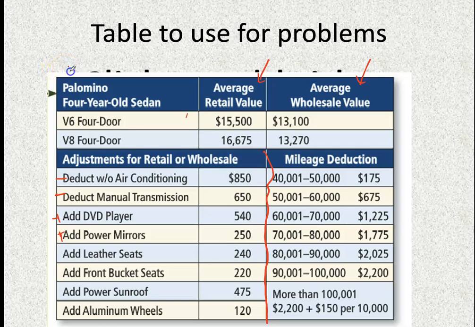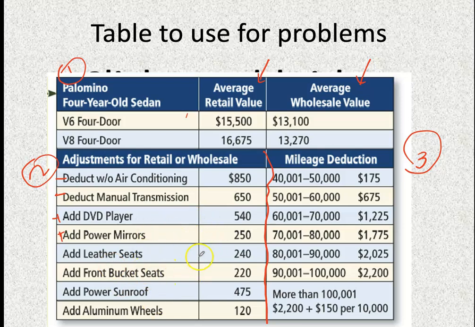So step 1, step 2, and then step 3, you're going to deduct for mileage. So if it has between 70,000 and 80,000, you're going to deduct 1,774. If it has between 40,000 and 50,000, you're only going to deduct 175. Okay? So again, find the average retail or wholesale price by reading the chart.